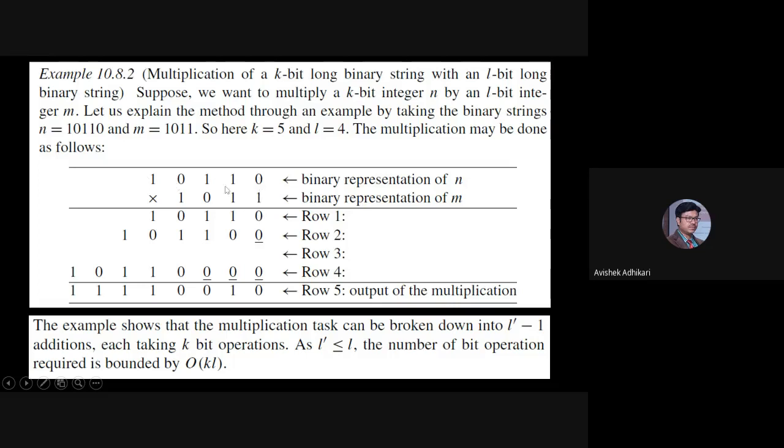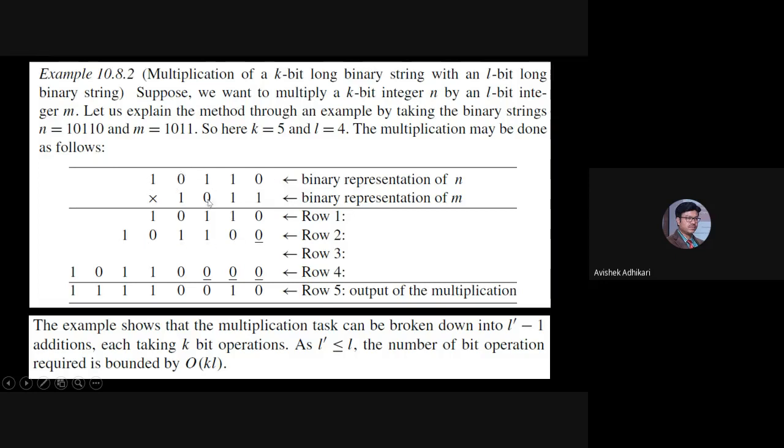If I multiply with 1, I just copy it like 0, 1, 1, 0, 1, the same thing as this. If the second bit is 1 here, then I will again make a copy but shifted, and put a 0 here. This part is the same as this part.